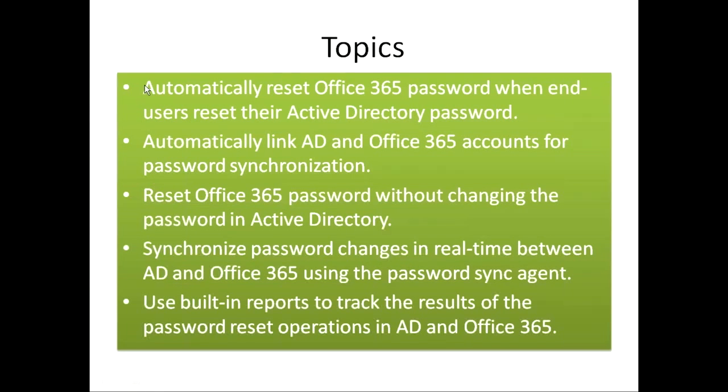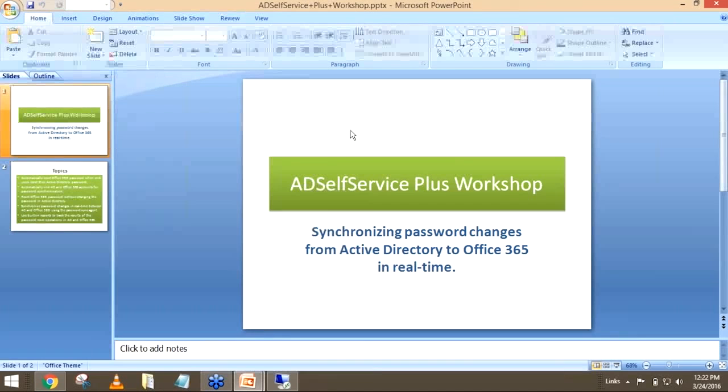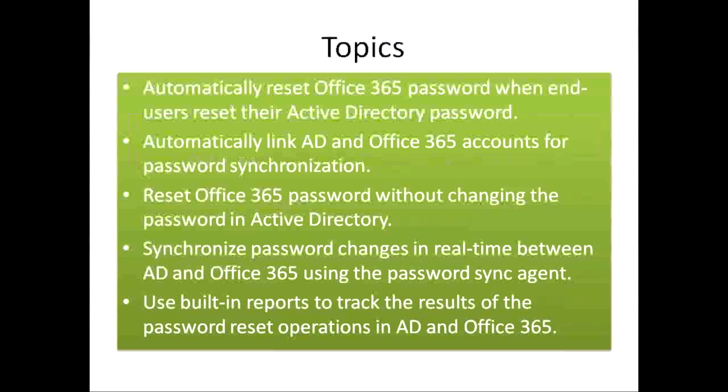After that, the first point that we saw was automatically resetting the password for AD, automatically resetting the password for Office 365 when users reset their Active Directory password, and automatically linking Active Directory with Office 365 accounts for password sync. We saw various other attributes for automatic linking. And the third one was resetting your Office 365 password without messing with Active Directory's password.